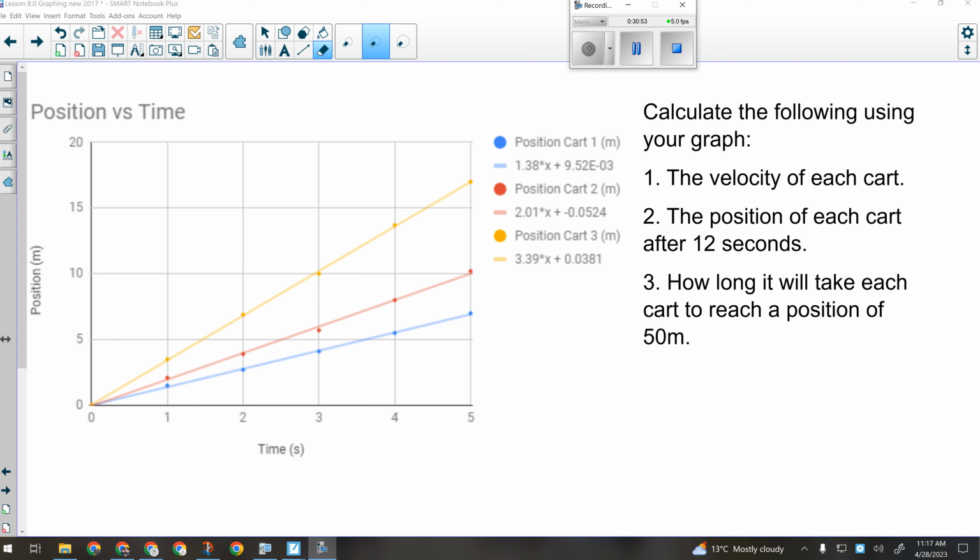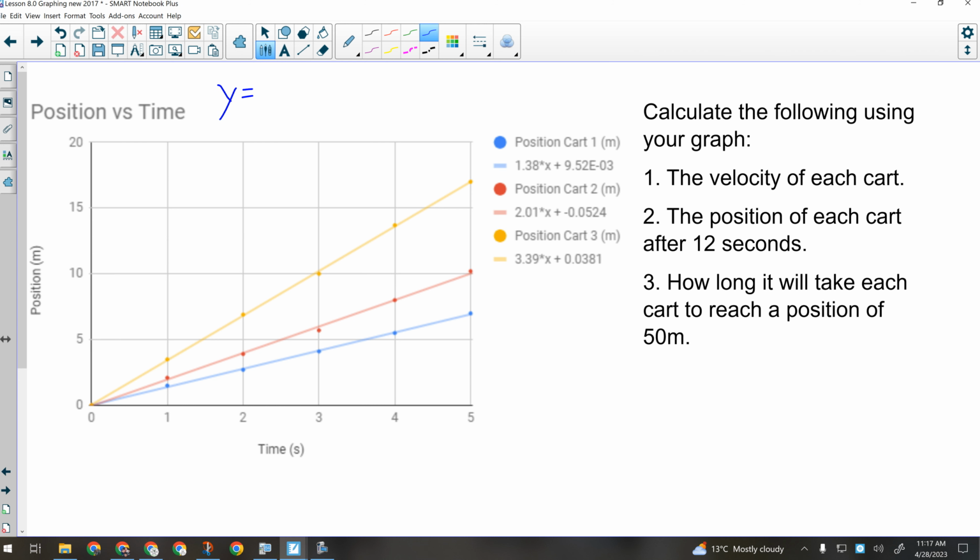So for the blue car, I've got y equals 1.38, okay, they told me that the x value is 12 seconds, so times 12 plus 9.52 times 10 to the minus 3, that's 0.00952.